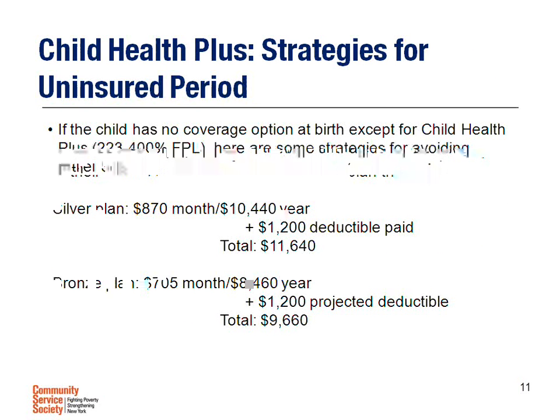It's not something that they have to do. People don't have a right to get their Child Health Plus retroactive to birth, but I know it has happened at least one time. And if you have someone who is facing a lot of problems and you want to try to advocate for that, it's something that's worth trying. So those are our strategies for the uninsured period.